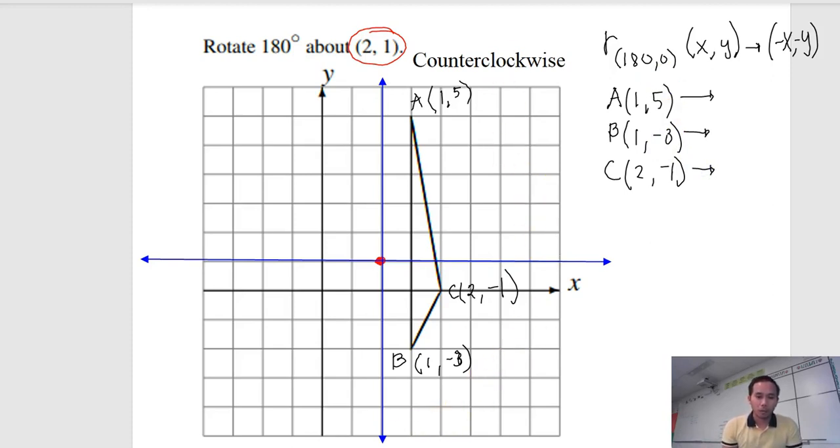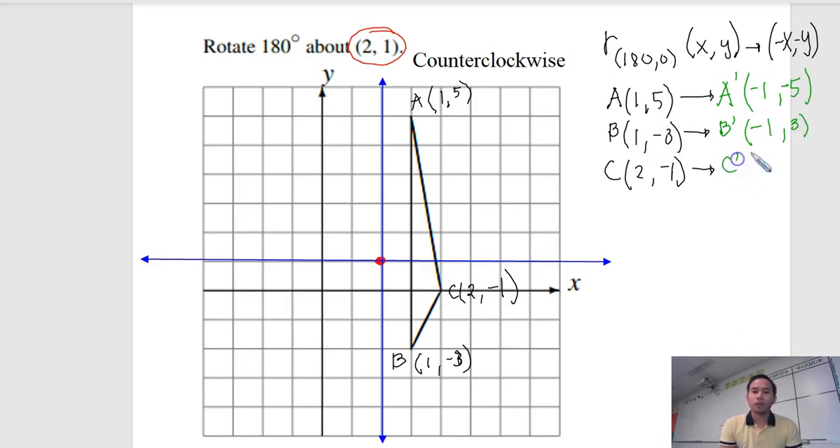So I'm going to graph that using green color. My A prime, applying the rule, my x stays in the same position, but I get the opposite of it because both are positive. It will become negative. My B: 1 is positive, that will become negative, and because 3 is negative, that will become positive 3.